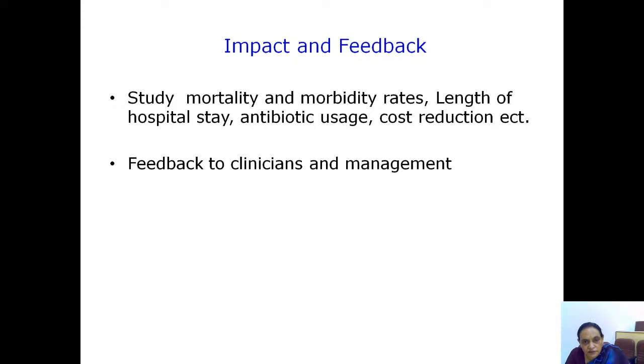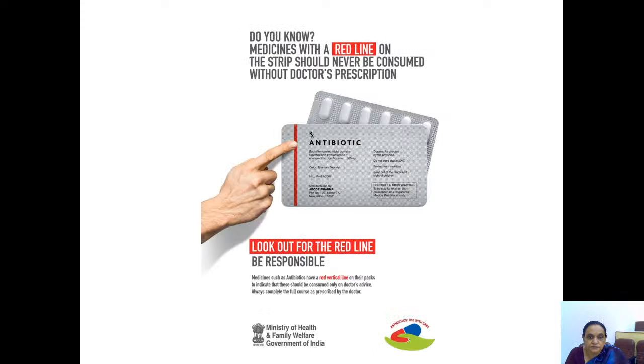So you generate this data, and after implementation you give feedback to the clinicians, to the management, so that you know in terms of some measurement that this is leading to some outputs which are significant.